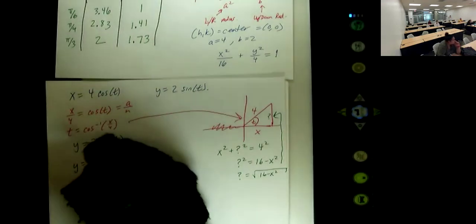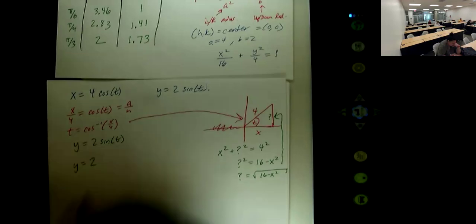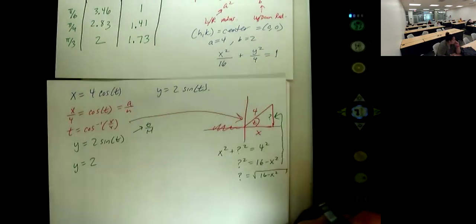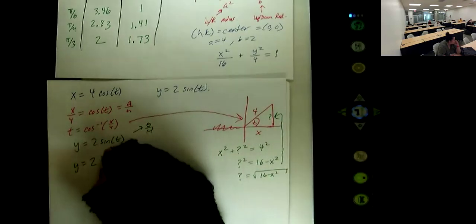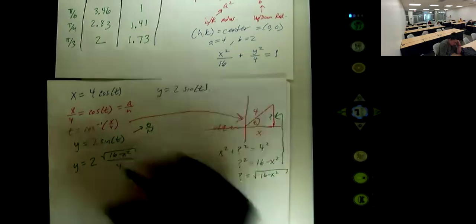Question mark over 4, and question mark is the square root of 16 minus x squared over 4.